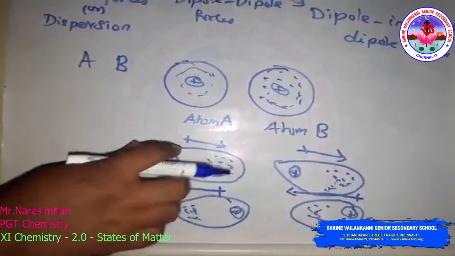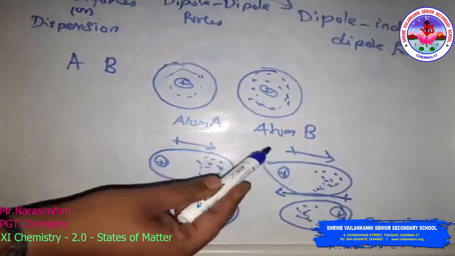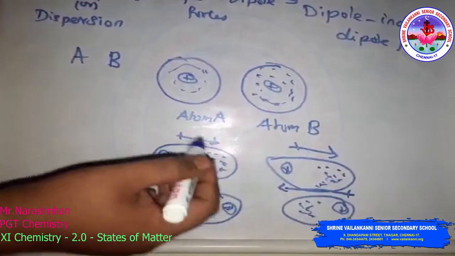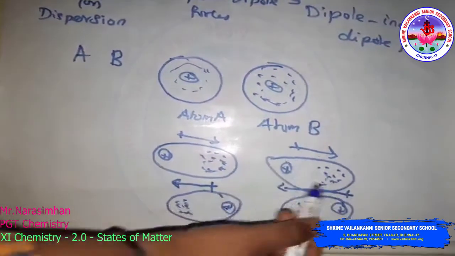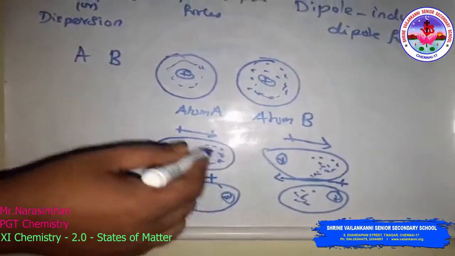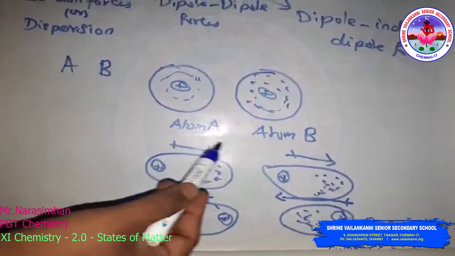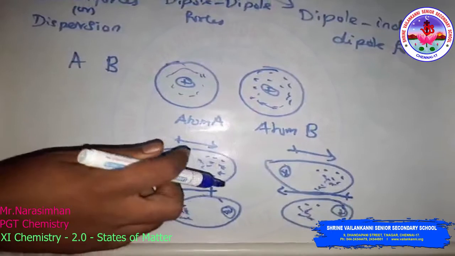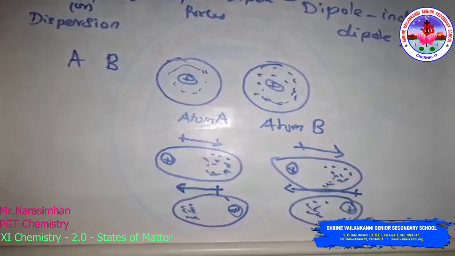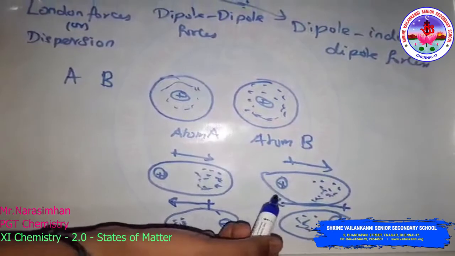This instantaneous or transient dipole distorts the electron density of the other atom B, which is close to it, and as a consequence a dipole is induced in atom B. This is the induced dipole. So these temporary dipoles in atoms A and B attract each other, and similarly temporary dipoles are induced in molecules also. These forces of attraction are called London forces or dispersion forces.